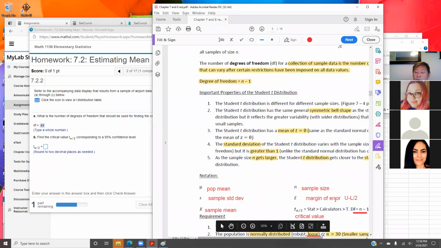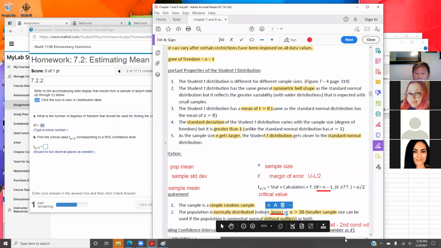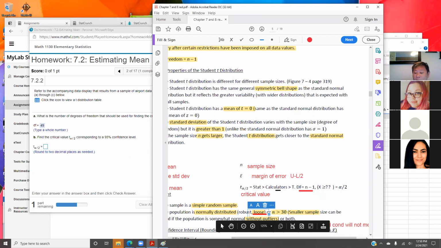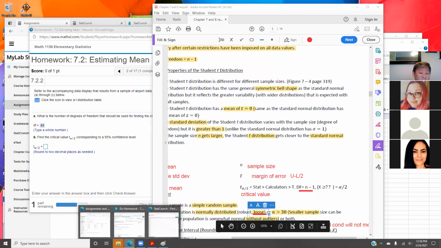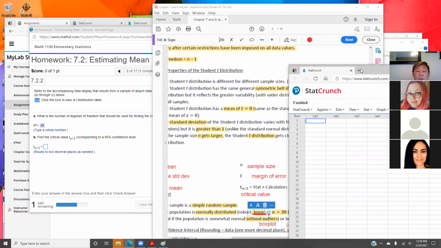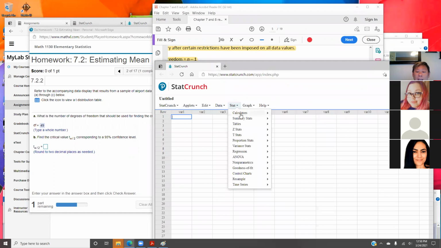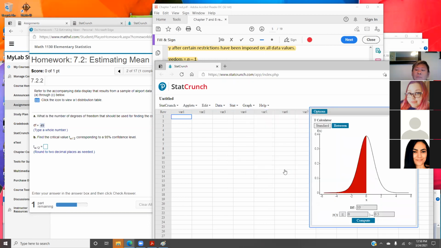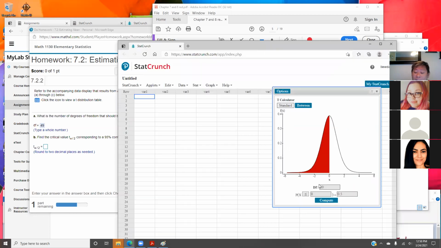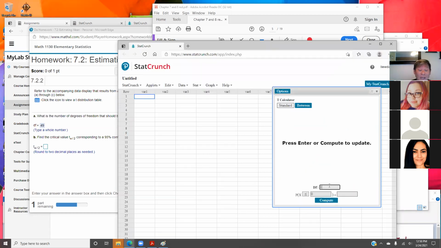In StatCrunch, you go to Stat, Calculators, T. Last time we did binomial, normal, and custom; now we do T. The first thing they ask you is DF, the degrees of freedom, which in this case is 49, because you got 49 here.